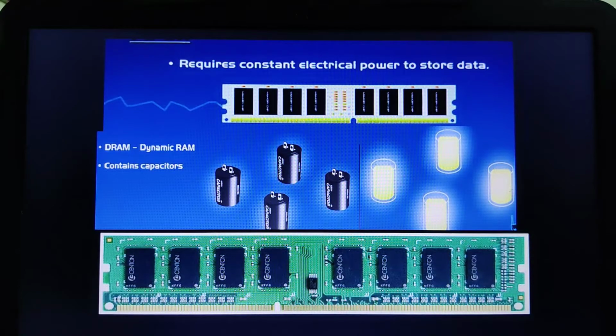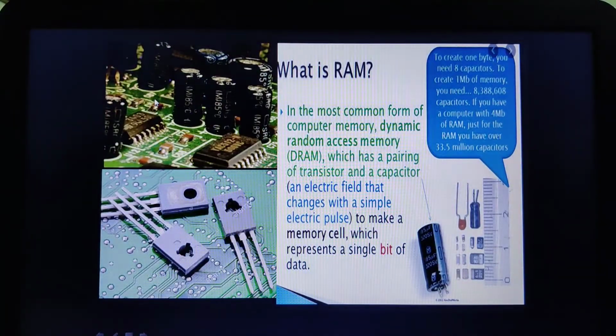We also discussed the types of random access memory. In that we discussed only the dynamic random access memory. This is nothing but the dynamic random access memory chip. This DRAM is a kind of memory chip which makes use of transistors and capacitors. These are the capacitors and these are the transistors.